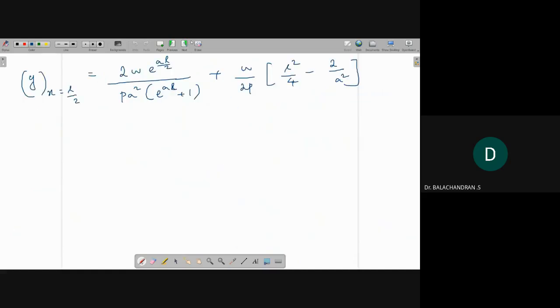So now I'll write here. Please check whether I am writing correctly. Okay, so what is equation 1? First I will write the bending moment.